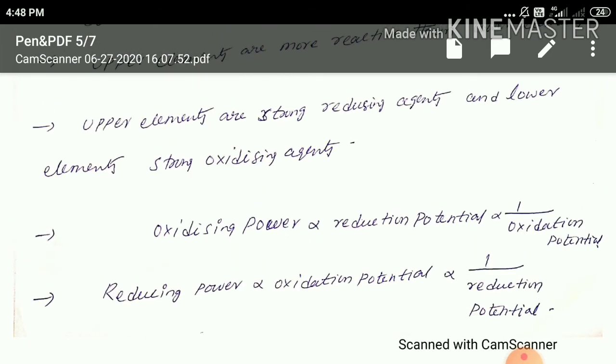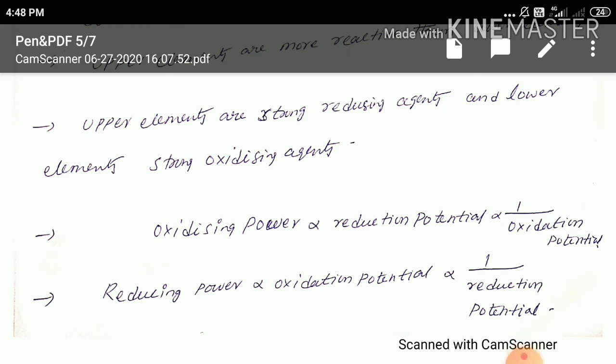This is about the electrochemical series. With the help of the electrochemical series, we can understand different concepts: which is the strongest oxidizing agent, which is the strongest reducing agent, which element can displace other elements from its aqueous solution, and whether the given metal can displace hydrogen from its aqueous solution or not. All these things we can understand very easily with the help of the electrochemical series.